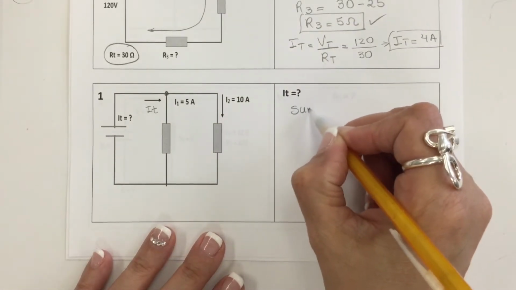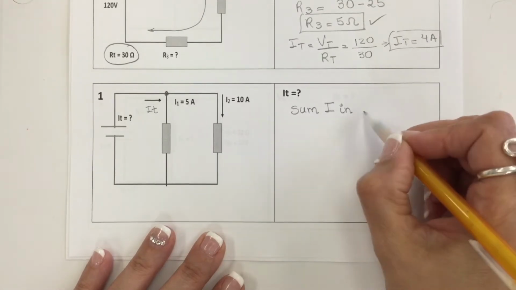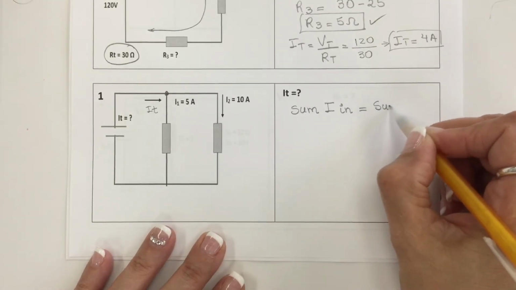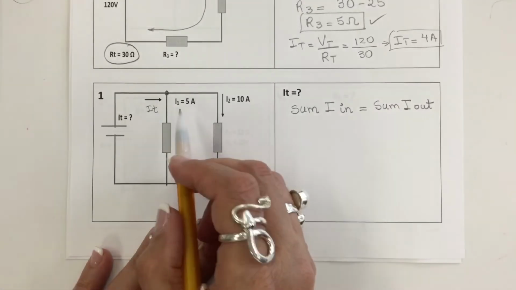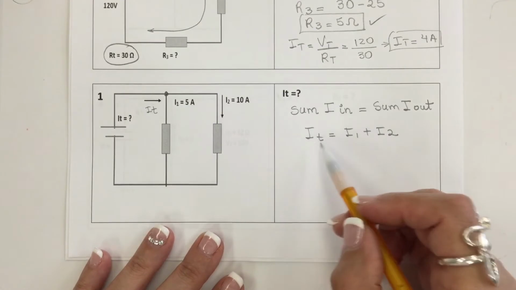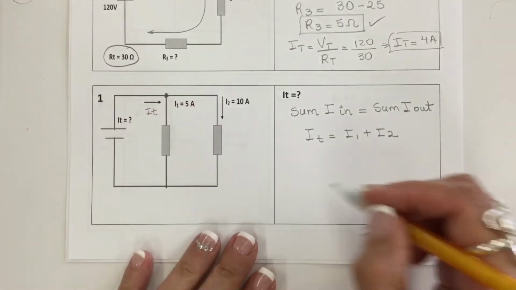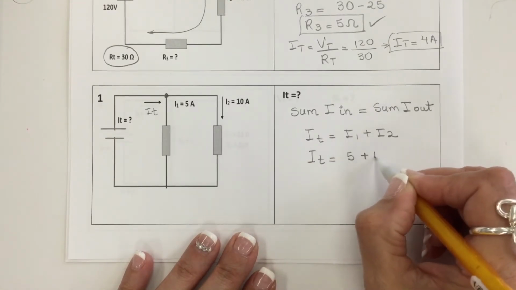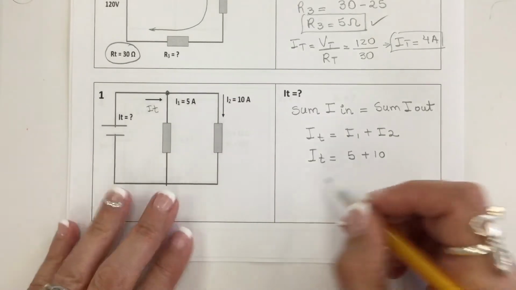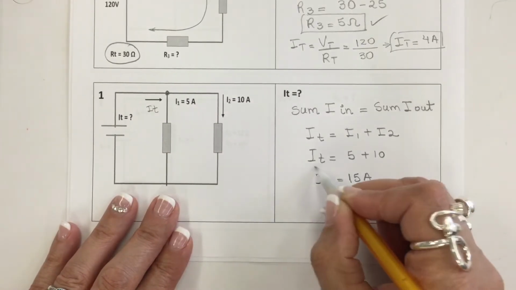The sum of all currents into a joint is equal to the sum of all currents out of the joint. In terms of equation, IT is equal to I1 plus I2. So IT is 5 plus 10, and my IT is 15 amps.